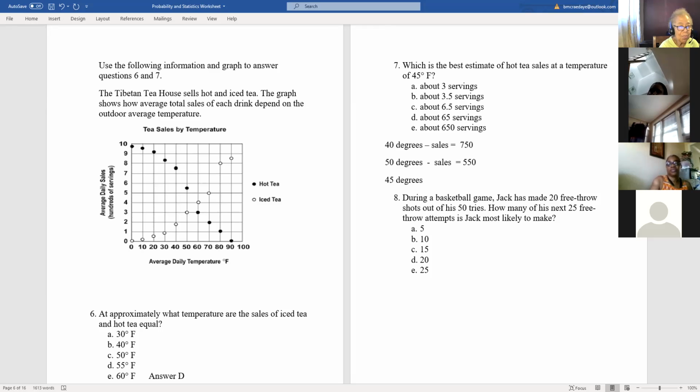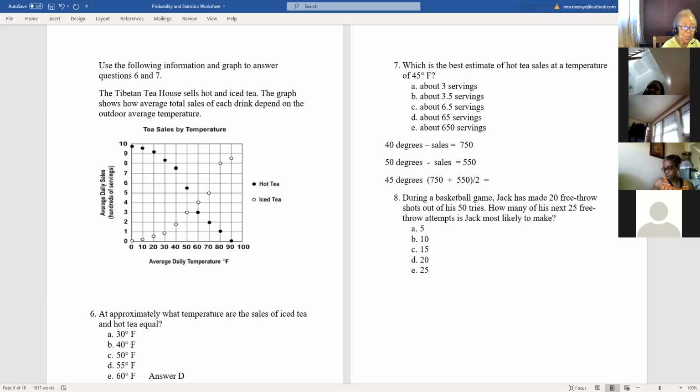The average is going to be the sum divided by 2. So you add it and then you divide it by 2. That's right.